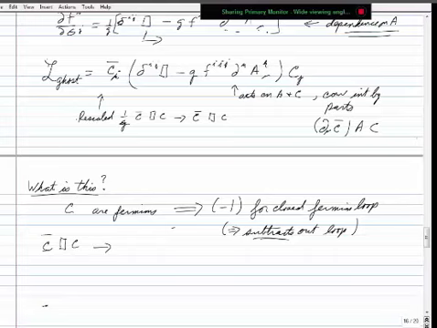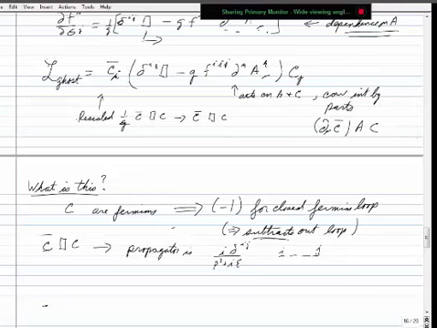So, what have we got? We now have this ghost Lagrangian.